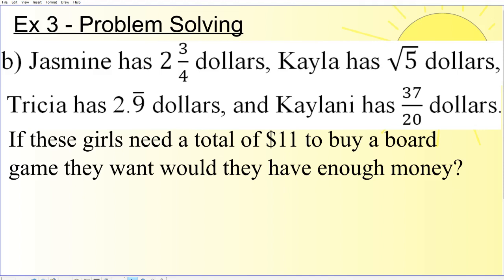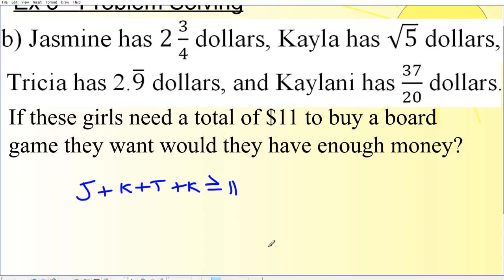So I have to figure out if these 4 girls, if we combine their money together, take Jasmine's money plus Kayla's money plus Trisha's money plus Kaylani's money, do I have at least $11? If this amount of money is bigger than $11, then they can buy it. That's kind of what we're trying to figure out.